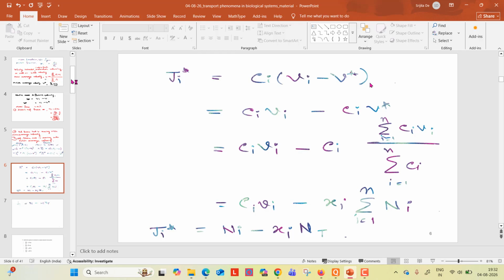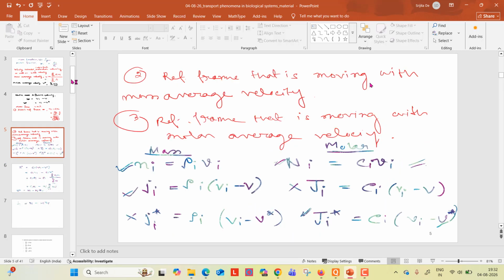You can make your own table with all the parameters for mass, because now I will introduce more, right? It will be more confusing. What will be the Fick's law for molar concentration and what will be the Fick's law for mass concentration, right? Like that way, you can make a column like this, okay?